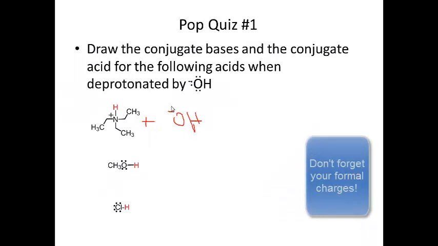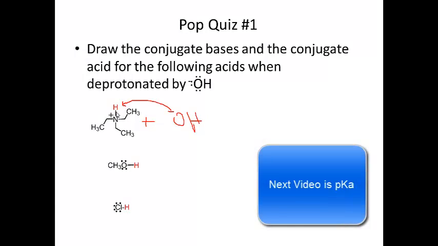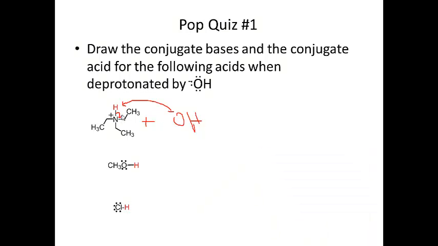Again, the electrons flow from base to acid, and then from this bond between the acid and the proton back down to the atom that the proton is bonded to. And this is an equilibrium. We'll talk about that later. So what's on the other side of this arrow? Can you draw that? That's a pop quiz for you.